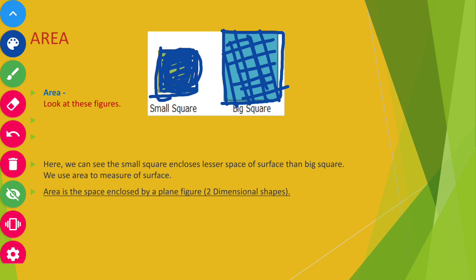So we use area to measure this surface. What is meant by area? Area is the space enclosed by a plane figure. A plane figure is nothing but a two-dimensional figure.